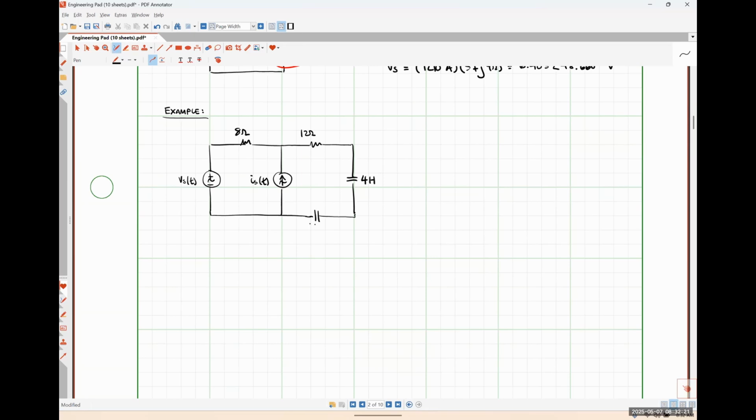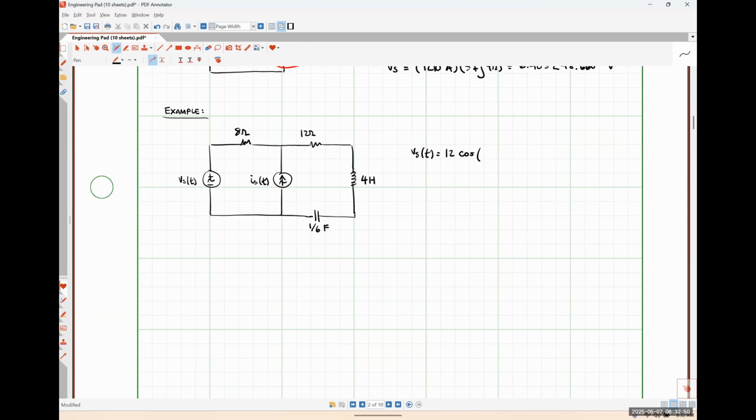Let's make this 1/6 of a farad. And let's say that Vs of t is 12 cosine. Sorry, that should be an inductor. That's my fault.